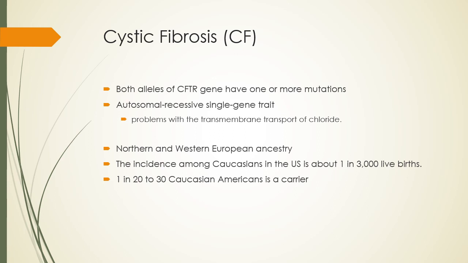In Caucasians in the United States, the incidence of cystic fibrosis is approximately 1 in 3,000 live births, and carrier status is much more common. In carrier status, there is only one mutated gene allele, and approximately 1 in 20 to 30 white Americans carries this mutation.